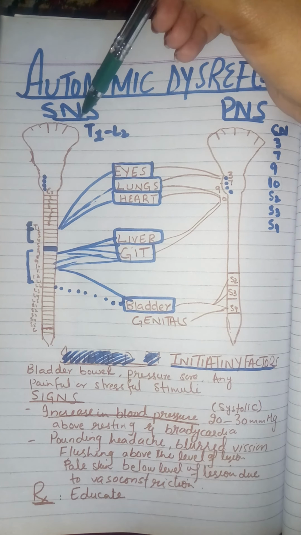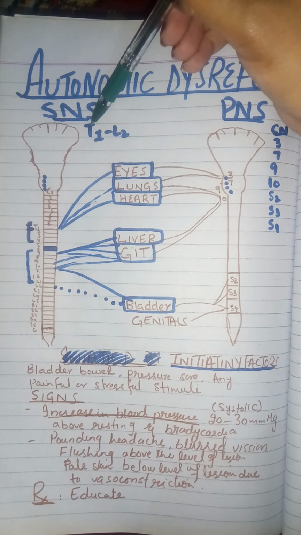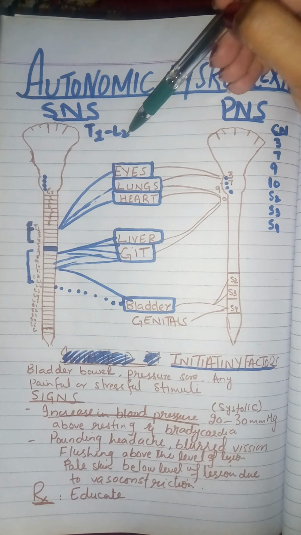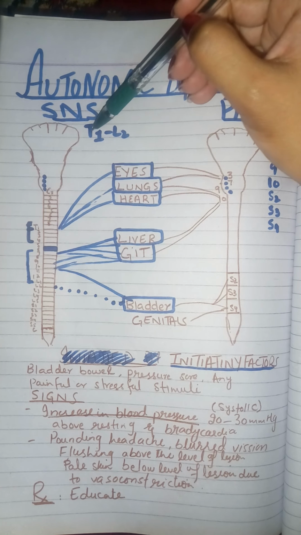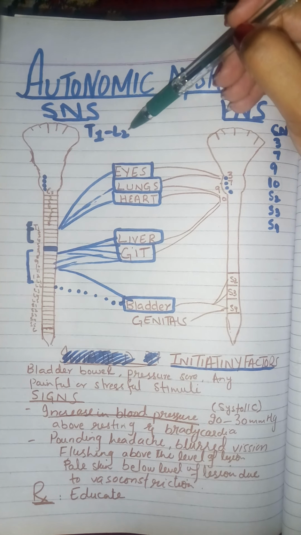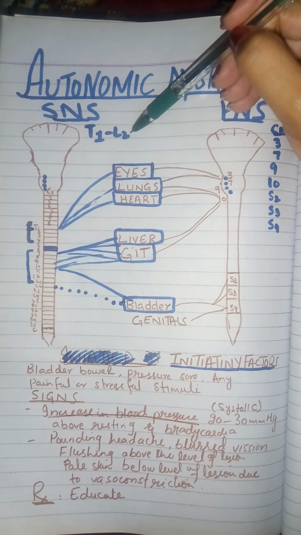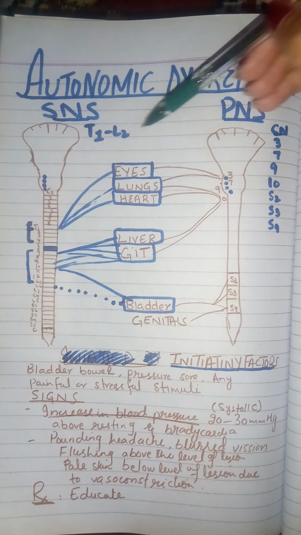That means the ganglia for the sympathetic nervous system start from T1 and end at L2. That means they are present in the whole of the thoracic region and extend up to L2. Okay, fine.